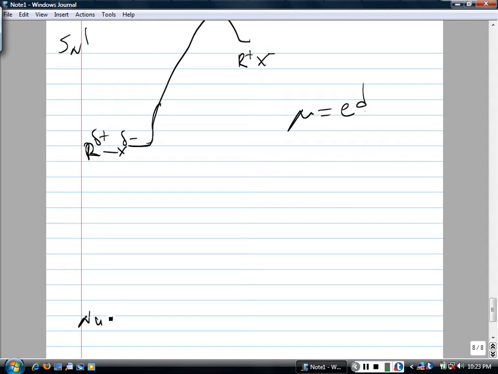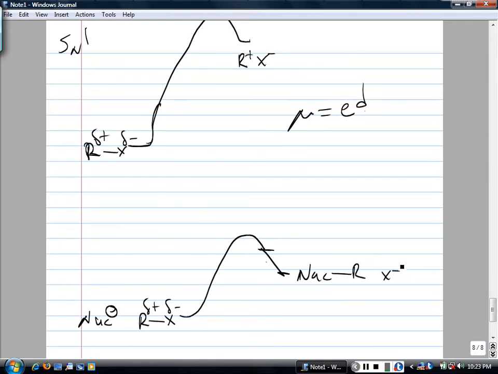In the SN2, I have a negative nucleophile as a discrete species attacking R delta plus X delta minus. The reaction goes via a transition state to give rise to my product, and for now I'm going to draw the product here, which is going to be Nuc-R and then X minus.